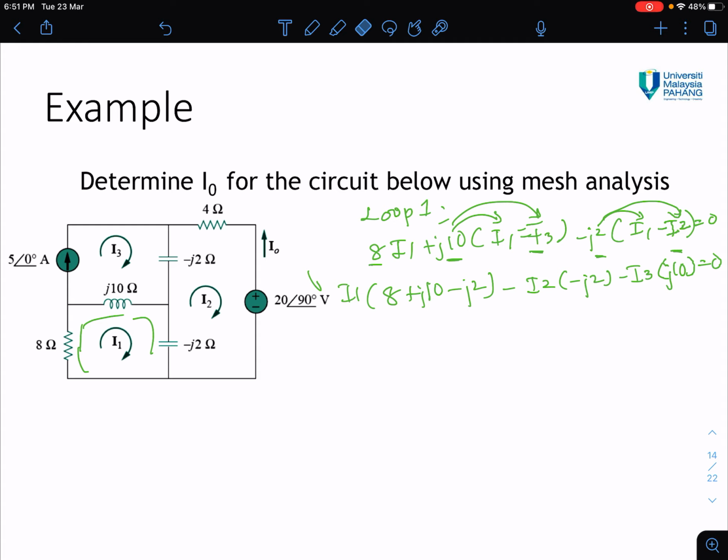Let's see loop 2. For loop 2, I start here.